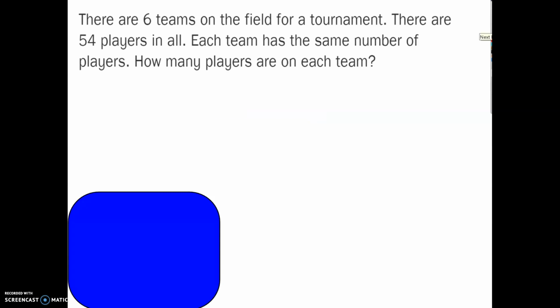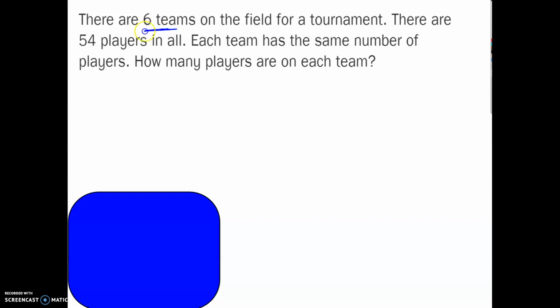So here's a problem for you. There are 6 teams on the field for a tournament. There are 54 players in all. Each team has the same number of players. How many players are on each team? So let's go back and look at our problem and think about what we know. What is the problem telling us?